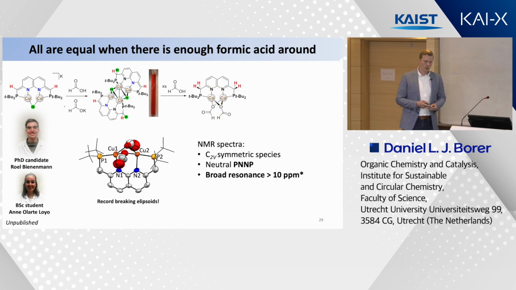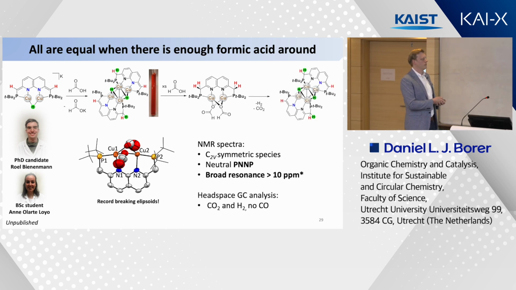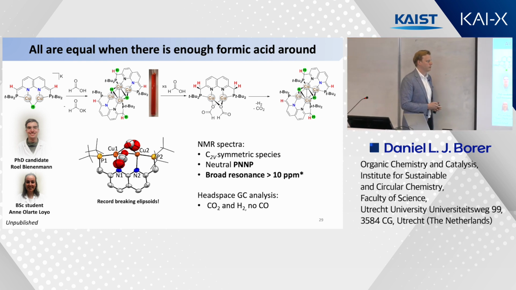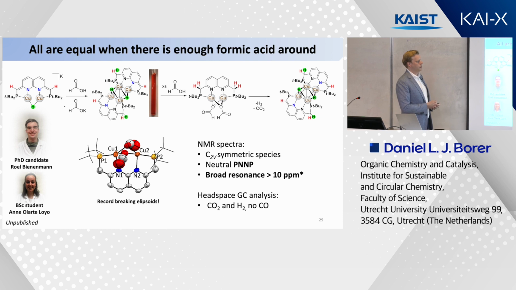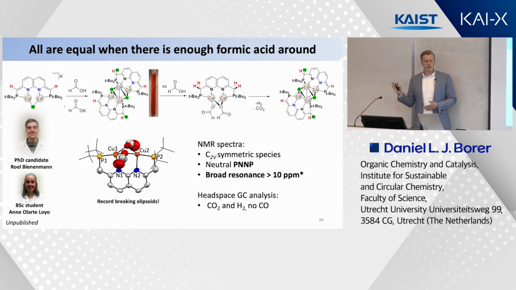And we now know what's going on with that broad resonance, is because if you wait long enough, it returns to our brick. So even if you have an excess formic acid around, we lose H2 and CO2, and we reform our brick in the end. And that resonance keeps on moving because it is dependent on the formic acid concentration.